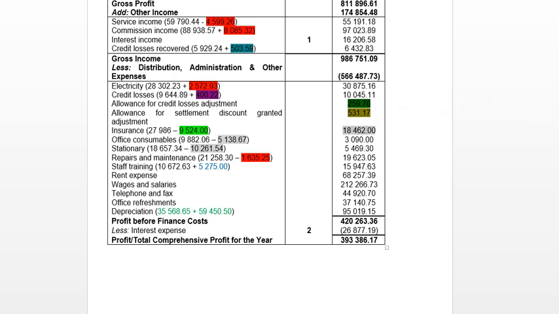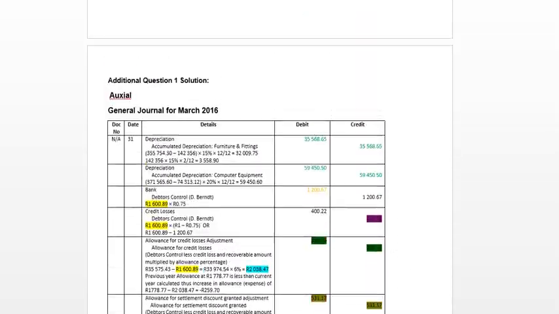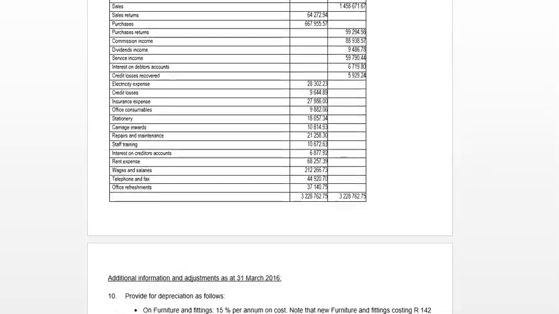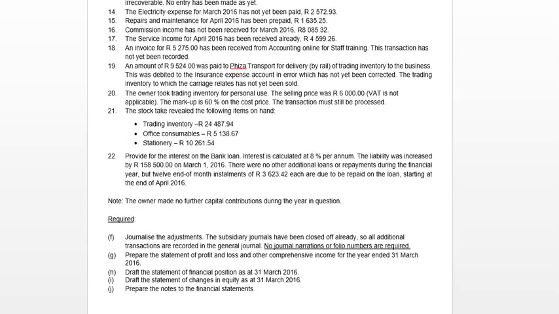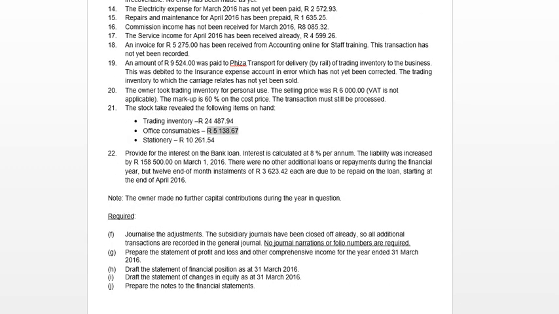18,462 Rand. Then our office consumables and our stationery has a balance of 9,882 and 18,657, but we did a stock take and we found that we still have 5,138 Rand and 10,261 Rand respectively towards this office consumables and stationery, which we can use for the next financial year.